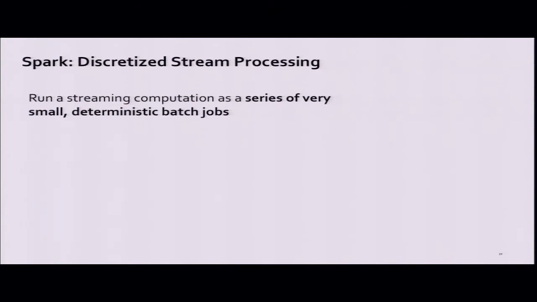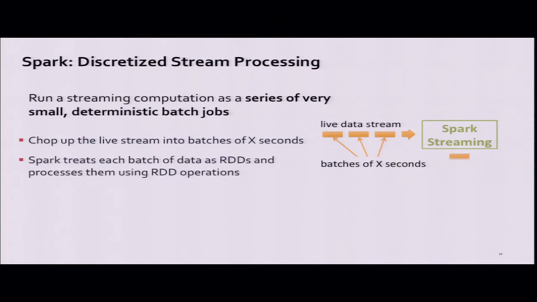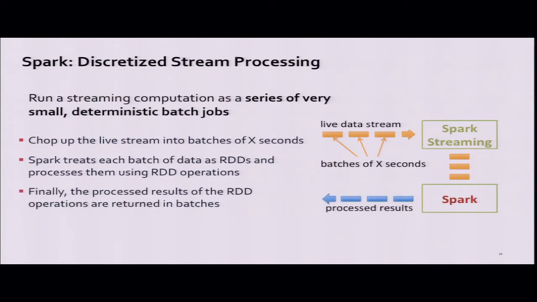So this is what we do. The live data stream comes in, Spark Streaming chops it into batches of a few seconds or less than 1 second, and then feeds the batches to Spark, which does its computation and updates the results for each batch.